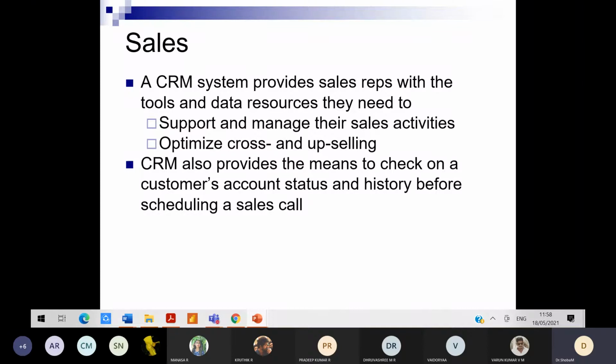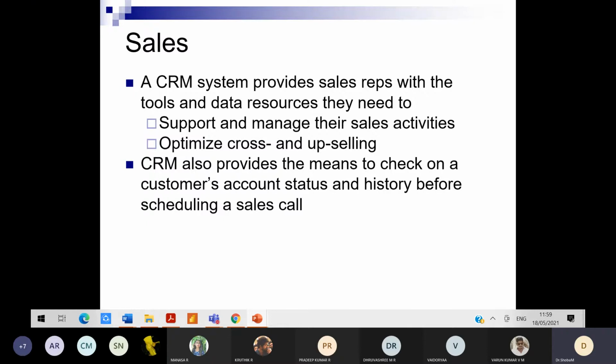Optimizing sales from the viewpoint of the organization is important, so it is necessary to provide all the data required to enhance the number of potential customers in the organization.